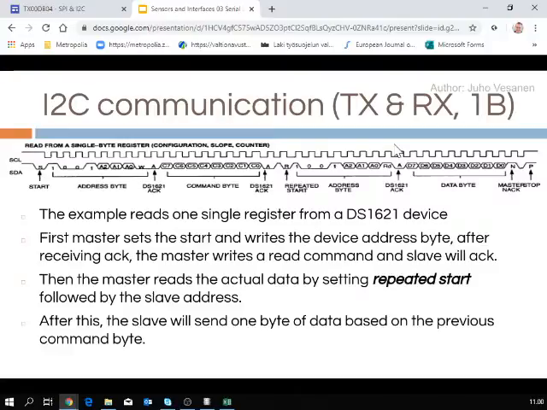Then you repeat the start condition, meaning that you change the state of the data line low and high during the clock cycle, and then the same address with the read bit, and then you can continue the data transmission.